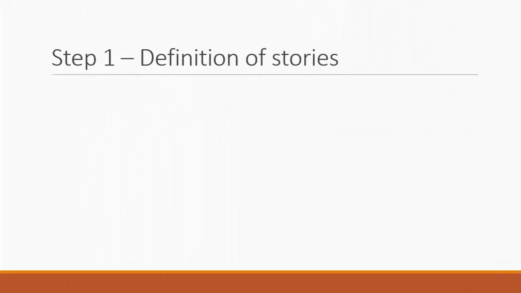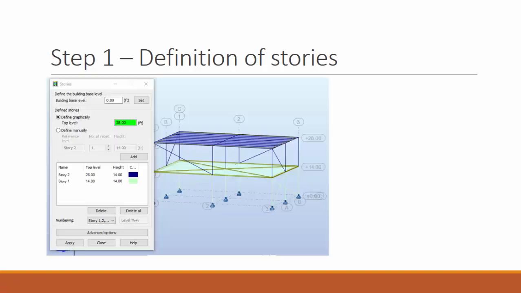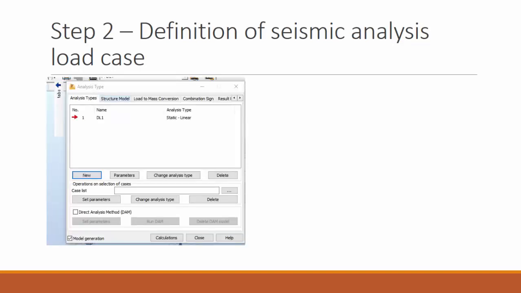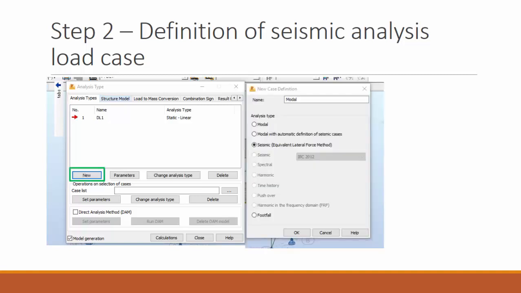So step number one is the definition of the stories that we already did. Step number two is the definition of the seismic analysis load case. You simply open the analysis type dialog box, press the new button, then this window will appear and you select the seismic equivalent lateral force method.